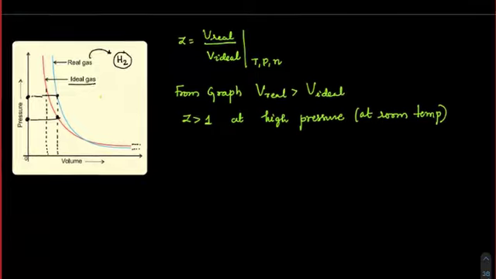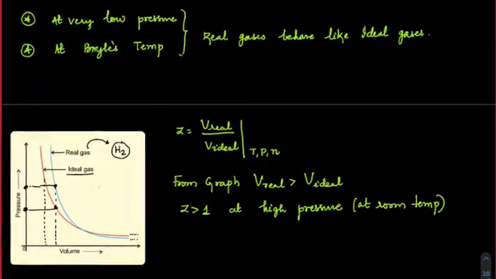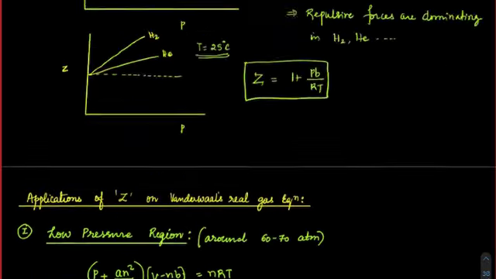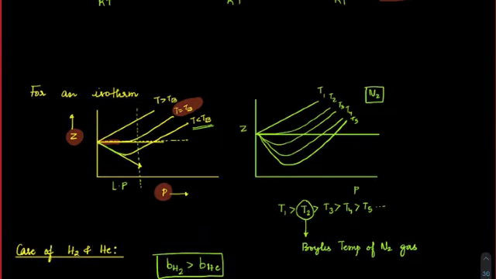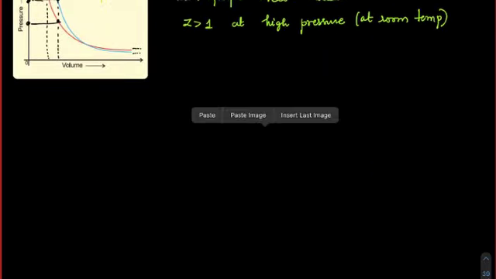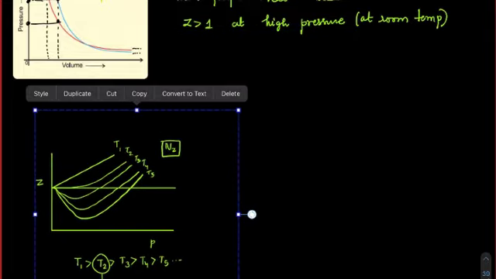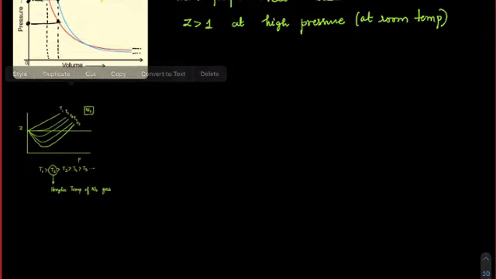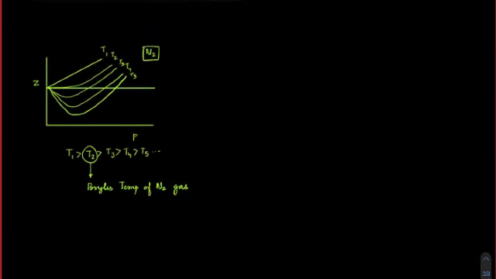Another thing we have found is that if the temperature is decreased, let me go back to the graph we discussed for nitrogen gas and explain once again. If you compare this for a particular gas, can you see that as the temperature decreases, the dip is increasing, which means the Z value is more and more dipping as you decrease the temperature.